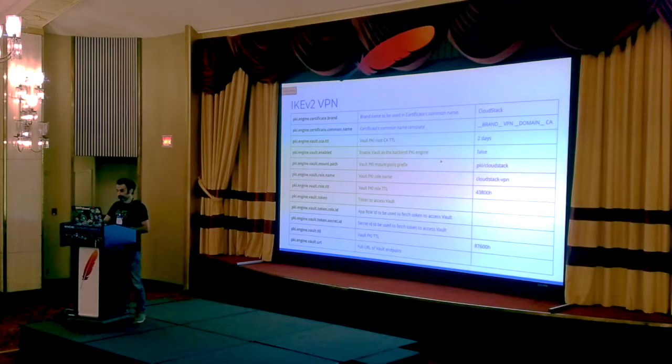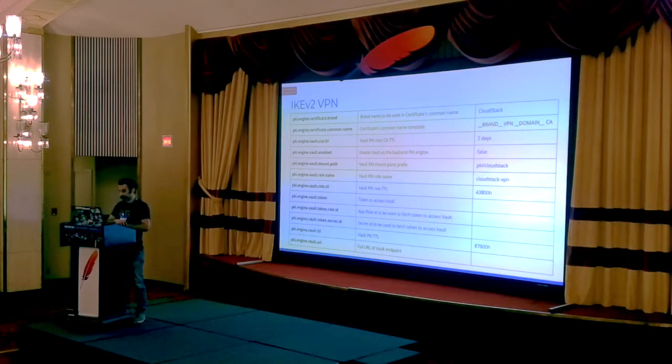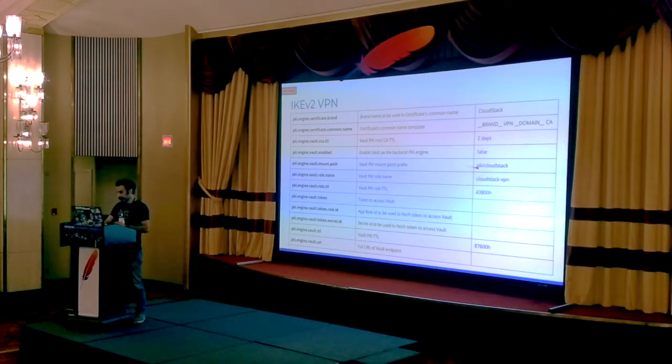One of the most important parts is the mount path. Everything in the Vault, all those secret backends, will be mounted on a specific path. Most of them start with the name of the engine.